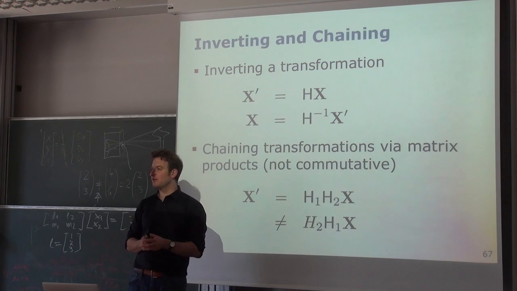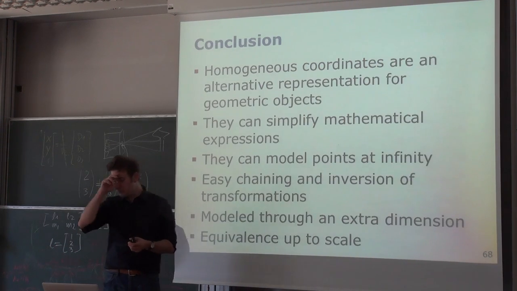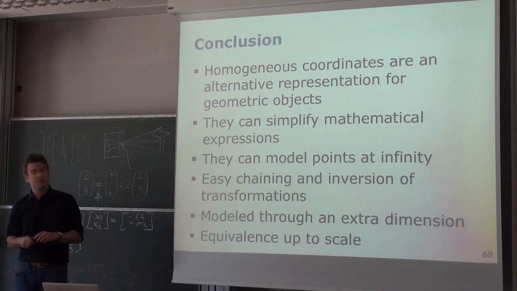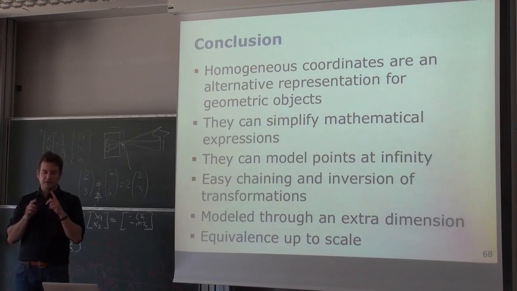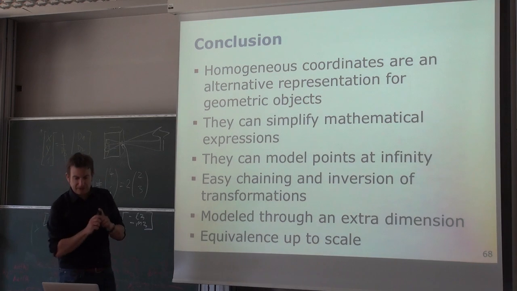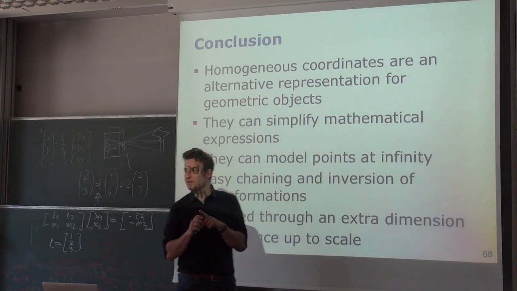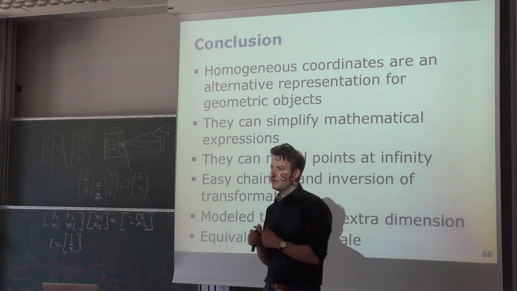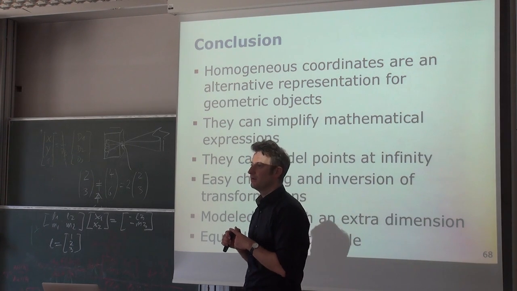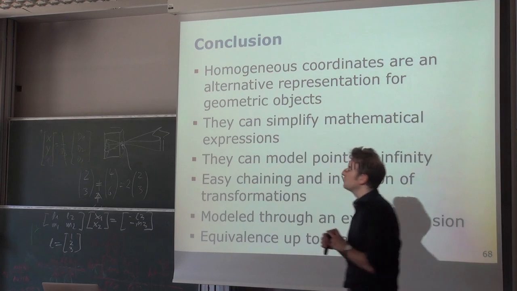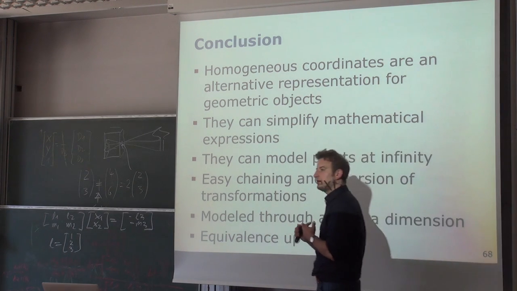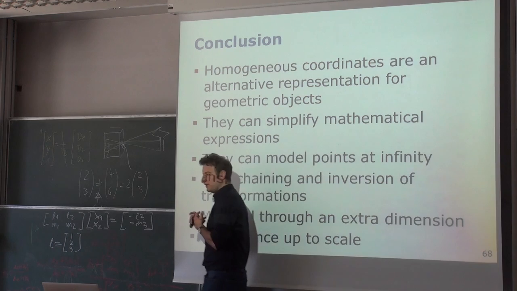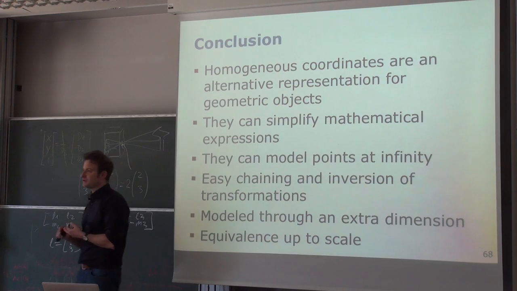And this brings me to the end of my tour through projective geometry and homogeneous coordinates. The key take-home message is that homogeneous coordinates are just an alternative way of representing geometry. And they have a few advantages. They can typically simplify mathematical expressions.